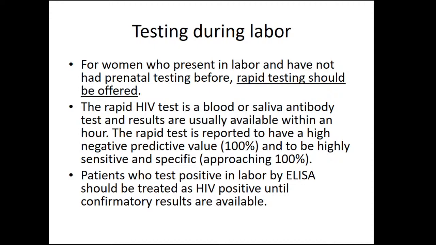The rapid HIV test is blood or saliva based, and the results are usually available within minutes. The rapid test is reported to have a high negative predictive value, almost 100%, and to be highly sensitive and specific as well.